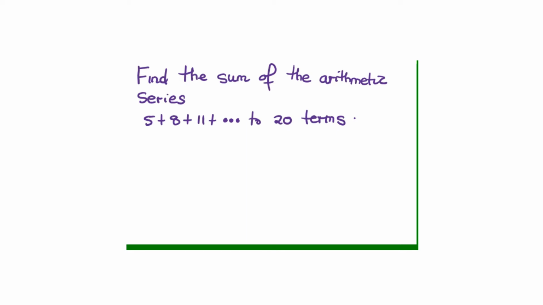The question says we keep adding the terms until we have 20 terms, until term number 20. It requires us to find the sum of that. What is the answer when we add those?